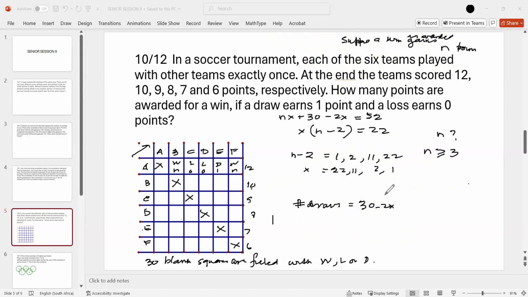Now you can't have x equals 22, because then you'll have 30 minus 44, which is negative. That's not possible. Now you could have x equals 11, and then in which case there are 8 draws. 11 times 22. That's possible.